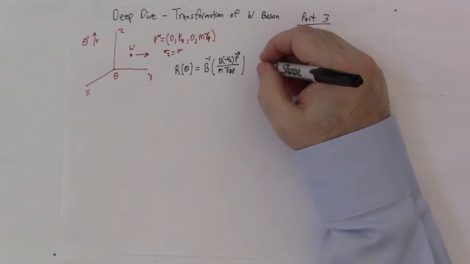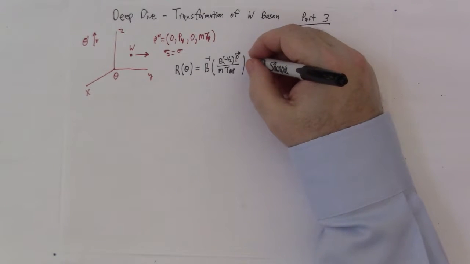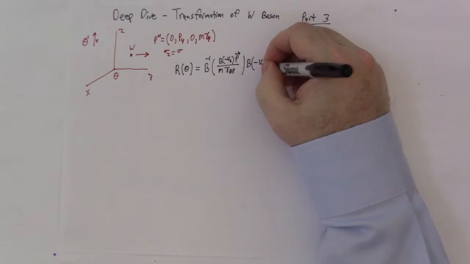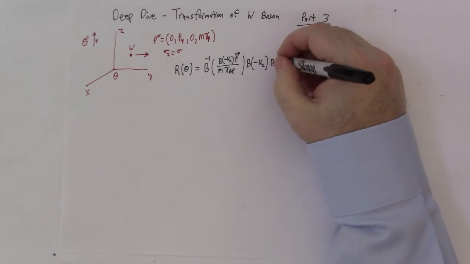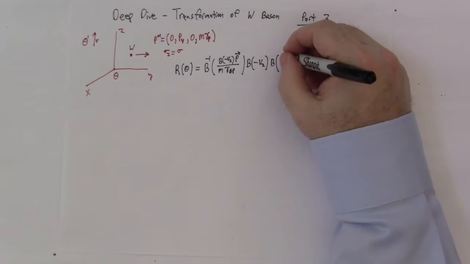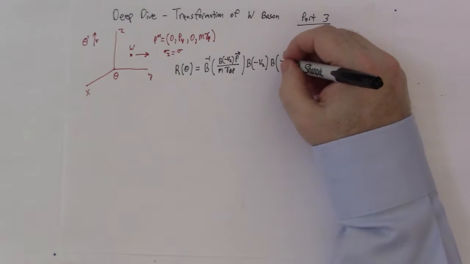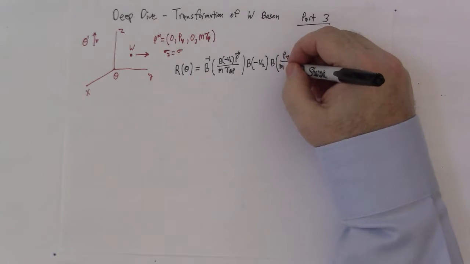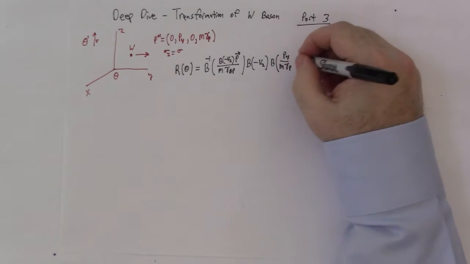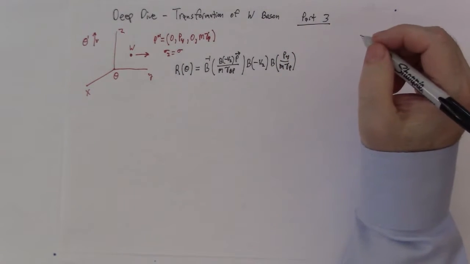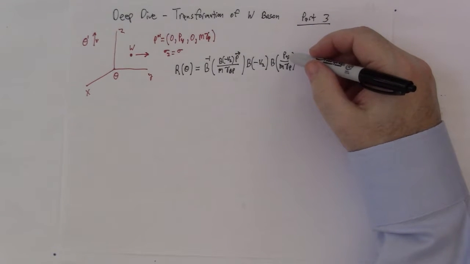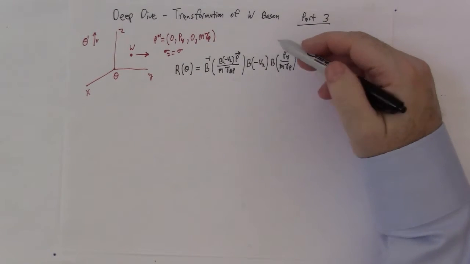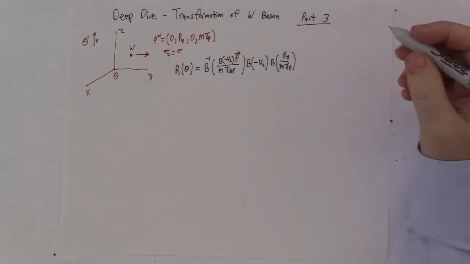I called it gamma prime last time, but I'm going to go to a different convention, which I'll discuss in a second. Then we have the boost of minus Vz. Then we have a boost of Py over m gamma p, because this is the velocity in the y direction for this particle, this is the gamma.